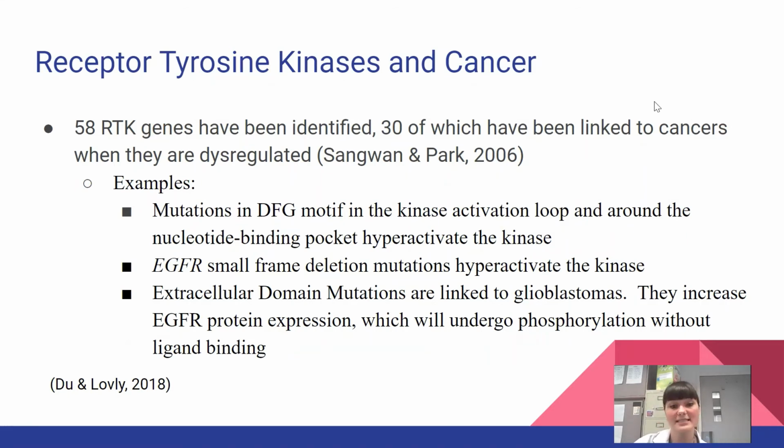What happens there is they increase the EGFR protein expression, which then undergoes phosphorylation without ligand binding. So again, we're seeing one of those situations where a ligand is not necessary to stimulate protein or gene expression.